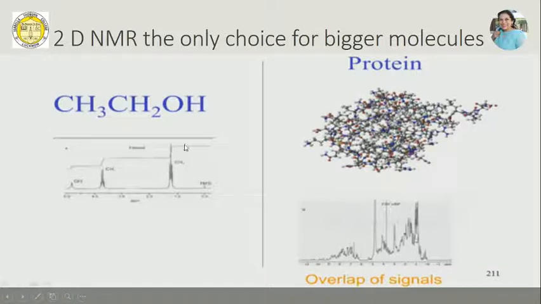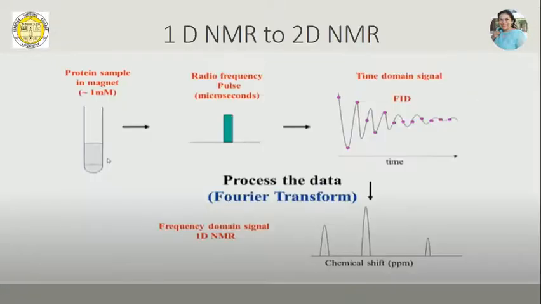So that's what I have shown here: if you have simpler molecules like ethanol, it is very clear and 1D NMR is sufficient. But if you have molecules like proteins, you can see how complex this particular NMR is. In this NMR, it becomes very difficult to proceed further and to unjumble it, and thus 2D NMR is very useful in that case.